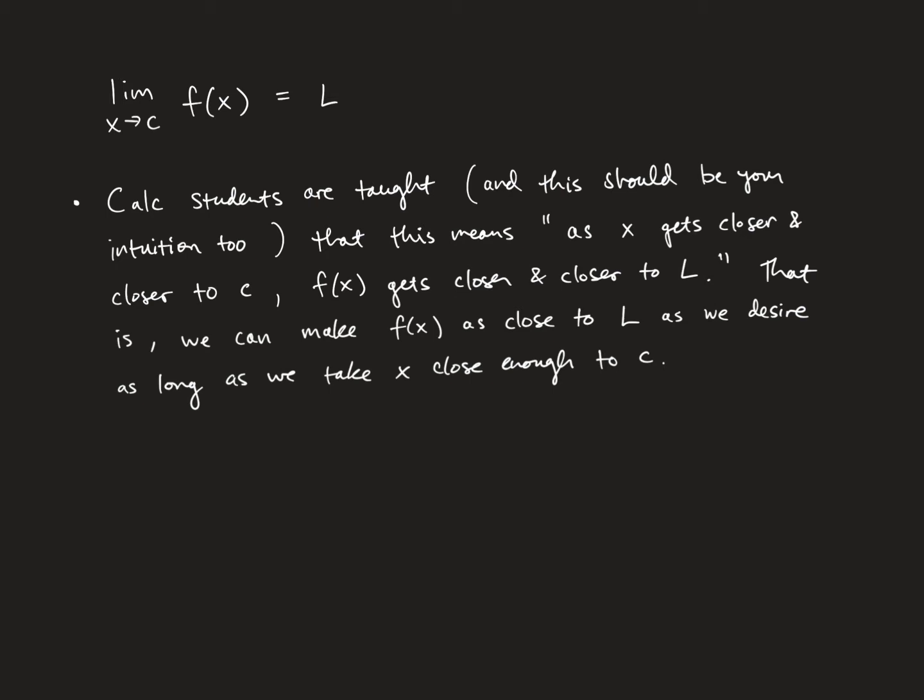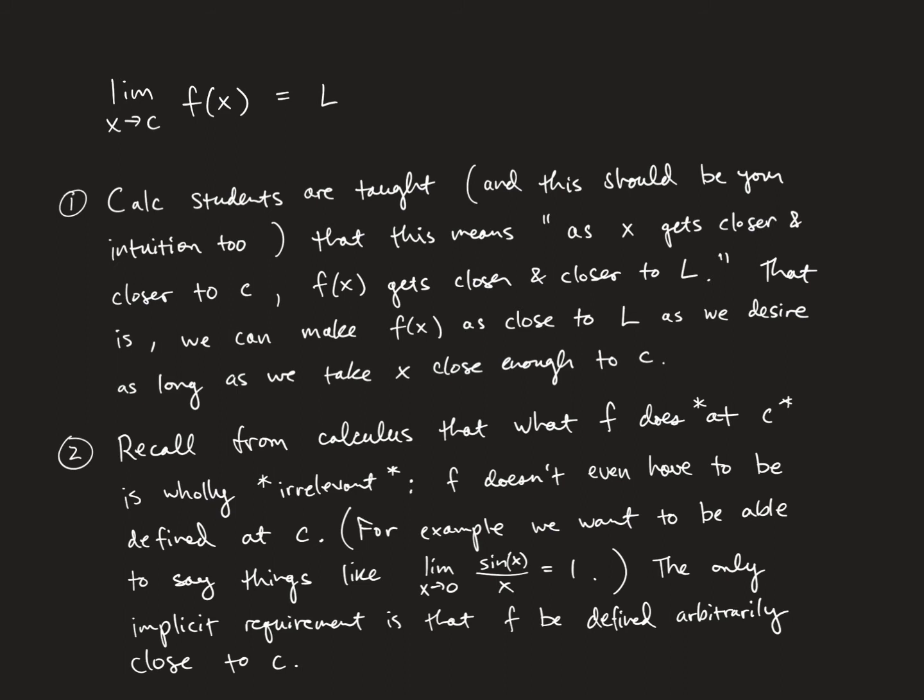What this means is that as x gets closer and closer to c, f of x is getting closer and closer to L. In other words, we can make f of x as close to L as we desire just by taking x sufficiently close to c. So f of x can be made as close to L as we would like, as long as we're willing to take x sufficiently close to c. That's intuitively what that statement means.